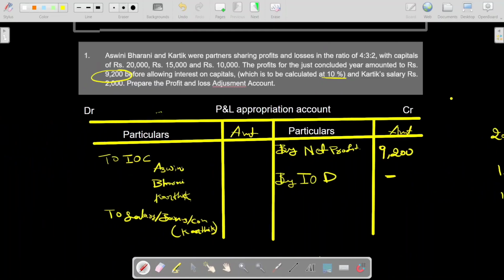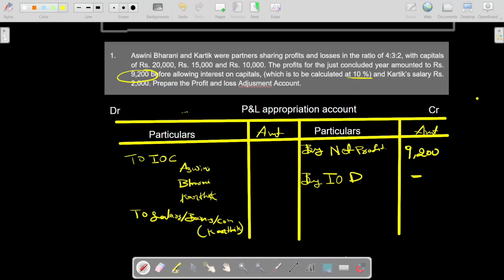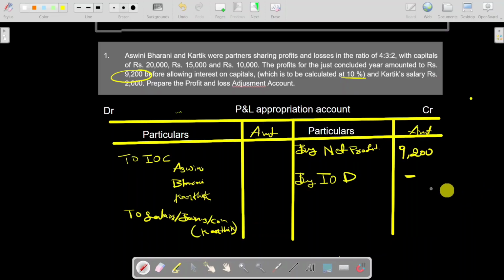So we have to record this in the P&L appropriation account. For Ashwini 2,000, Bharani 1,500, Karthik 1,000. And salary to Karthik.